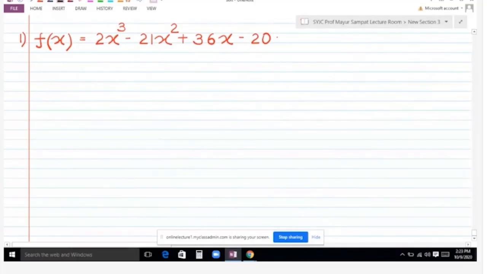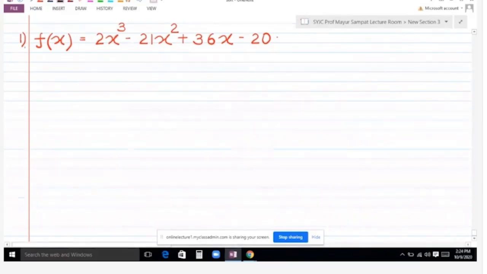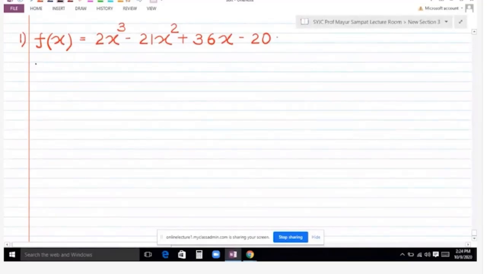Next step, applying the operator d by dx on both the sides. चलो, the derivative of f of x is f dash x is equal to right hand side.